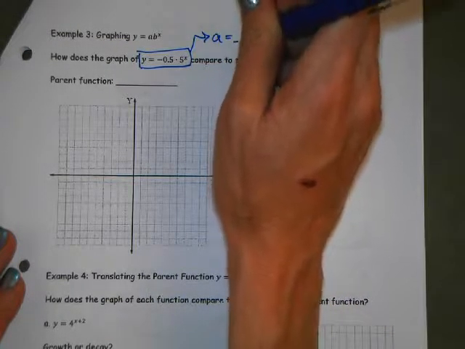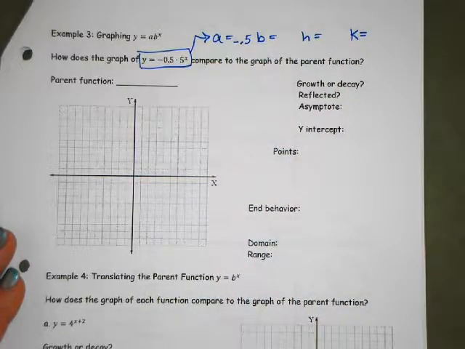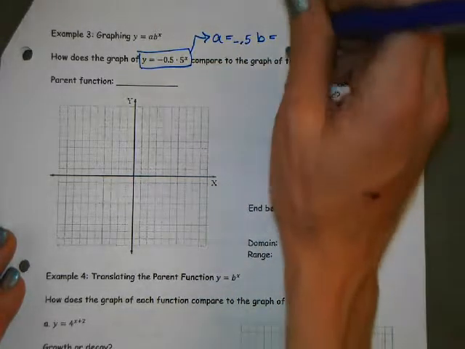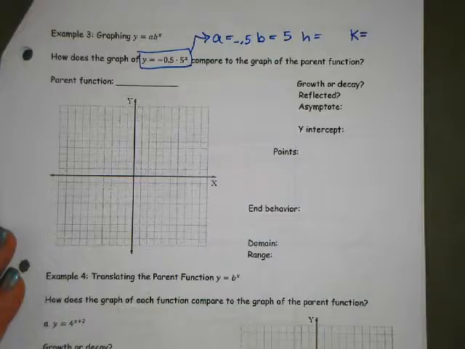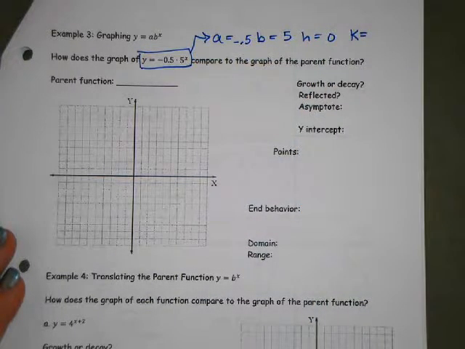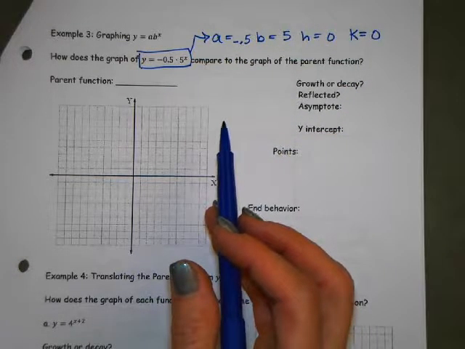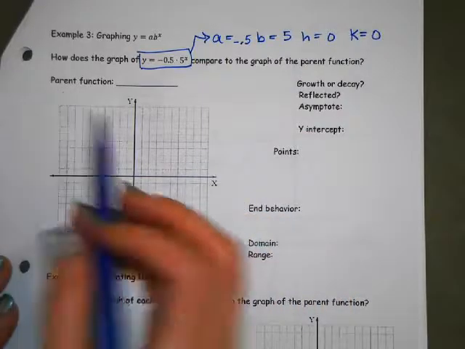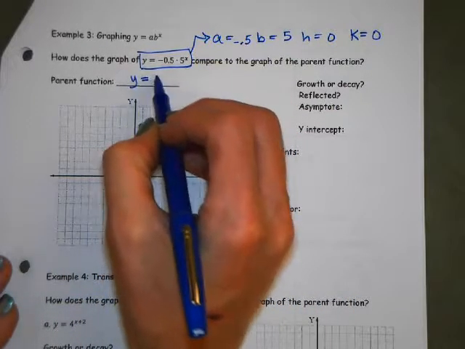Negative 0.5. What is my B value? 5. What's my H value? 0. And then what's my K value? 0.